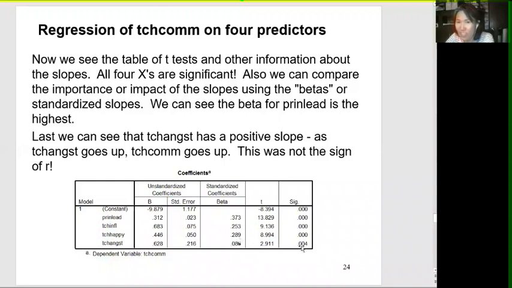But here, actually, it is statistically significant. So you're gonna compare all of them. But hypothetically speaking, if this is not statistically significant, then you shouldn't use this value to compare the magnitudes with the others, okay?